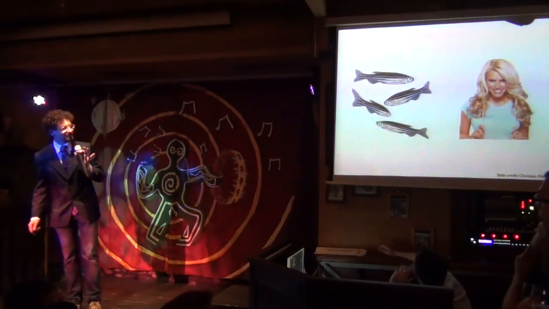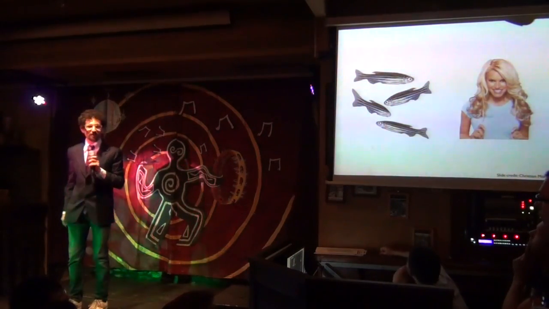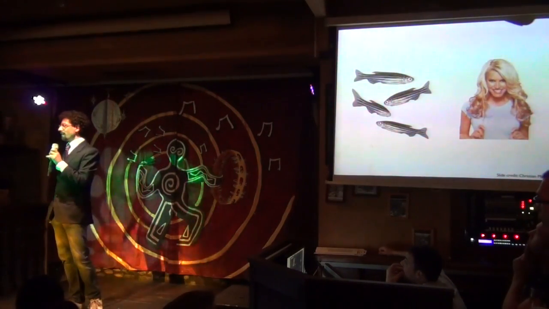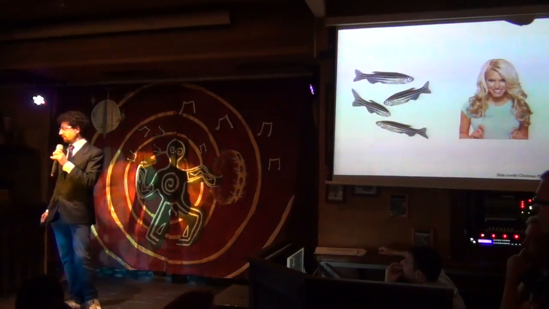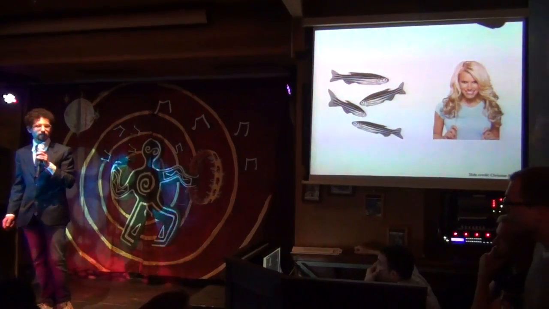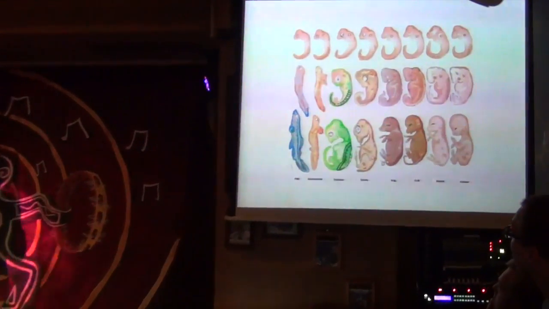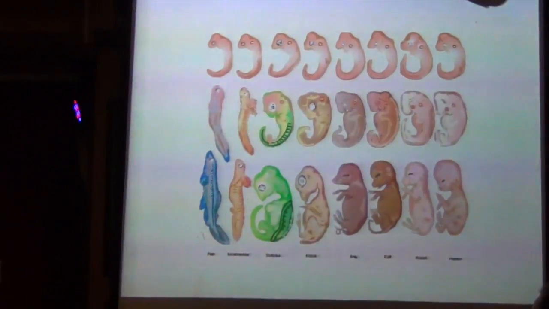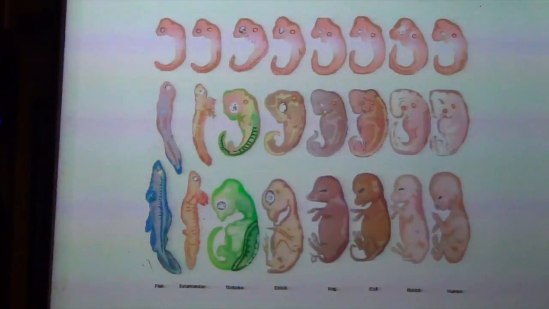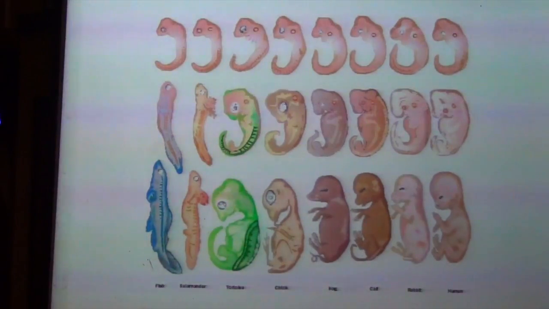It doesn't really look like so, maybe, and I do agree. But if we go early enough, at the very beginning of our development, we can see that many organisms just look the same. Fish, humans, mice, and then, well, we get a bit different.